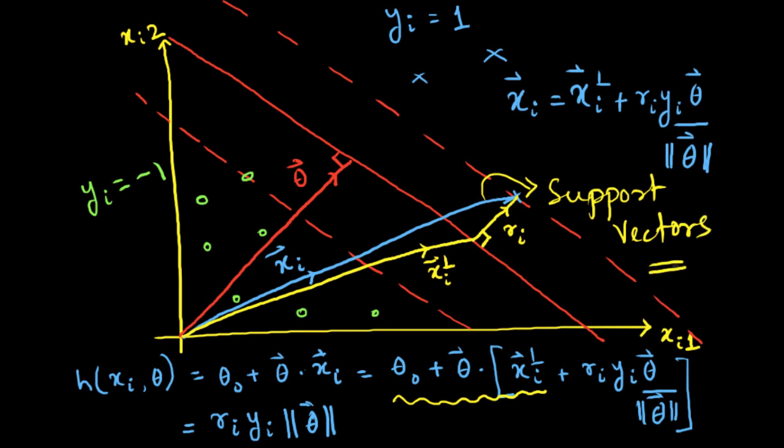And this is why this algorithm is called the support vector machine, because the whole objective of this algorithm is to find the support vectors which are closest to your decision boundary and then try to maximize their distance from the decision boundary. So the alpha i parameters that we have are non-zero only for these support vectors which lie on the margin. For all other points, these values of alpha i are exactly equal to 0.